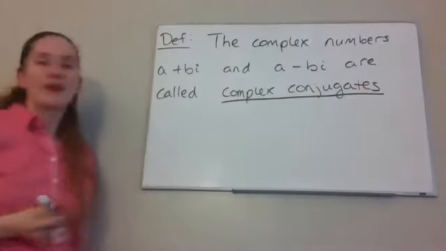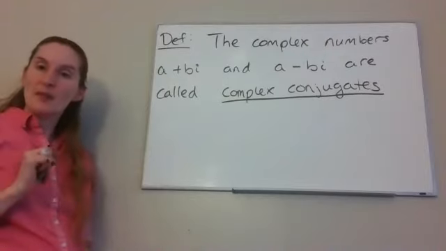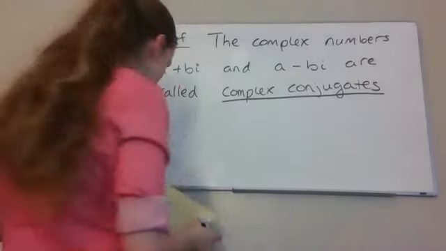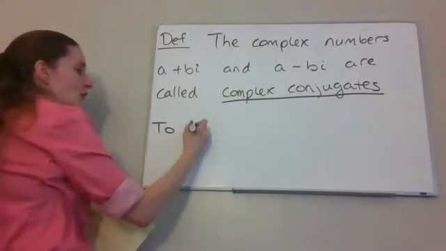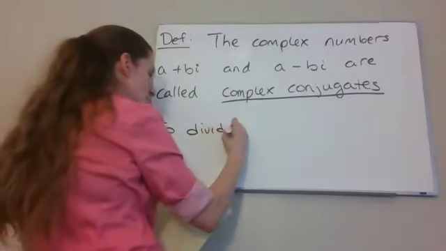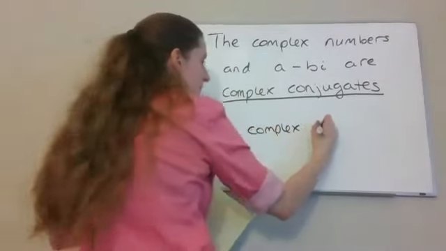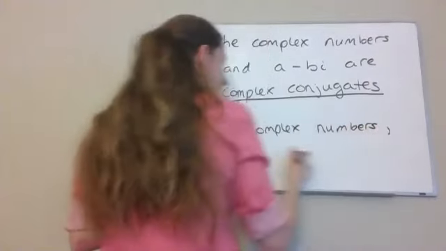Notice that the only thing that's different between the two complex numbers is the plus or the minus sign. That sign in the middle changes. That's the only difference between the complex conjugates. These are going to be used to divide complex numbers. So to divide complex numbers, we're going to write them as a fraction.